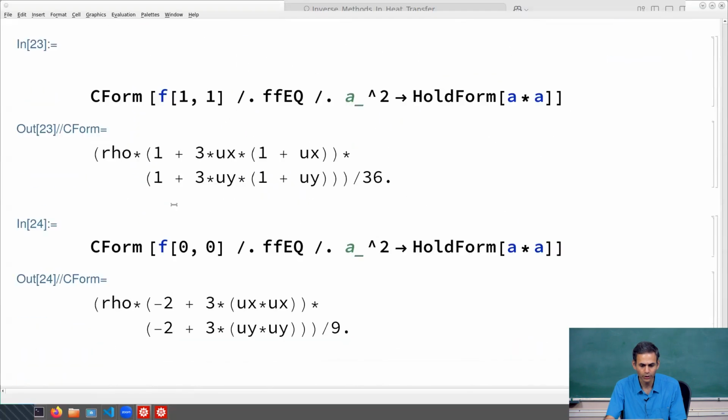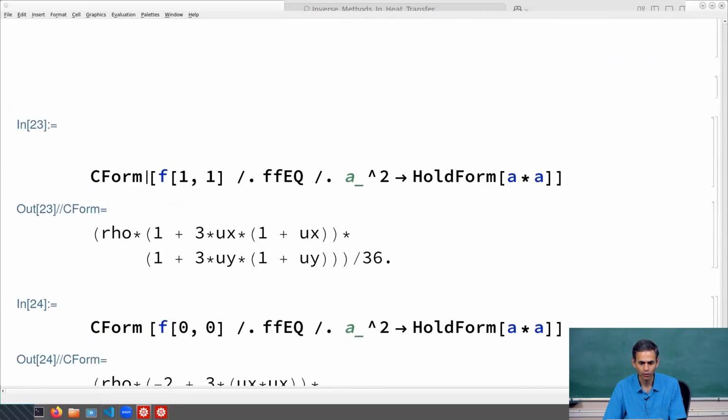C form, so we are asking it to print in a C form. I am substituting for F equilibrium, and wherever there is A square, I am saying don't substitute and leave it as the whole form, meaning leave it as A star A, so that it will give us U star X, UX star as UX as it is left, instead of writing it as UX square.